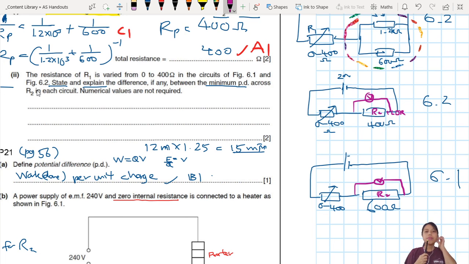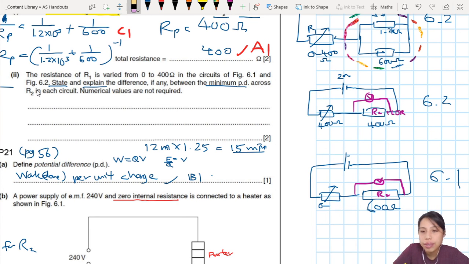So how are we going to describe this? Minimum PD occurs when this other resistor has taken a big share of it. I mean, when this thing is the maximum, 400, then this purple V here is the minimum. That's what we're talking about.